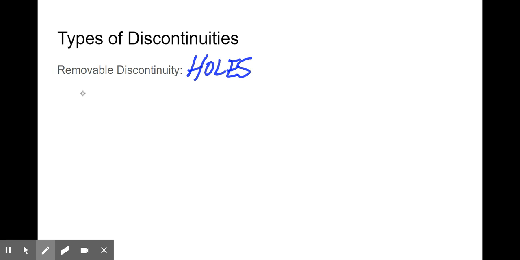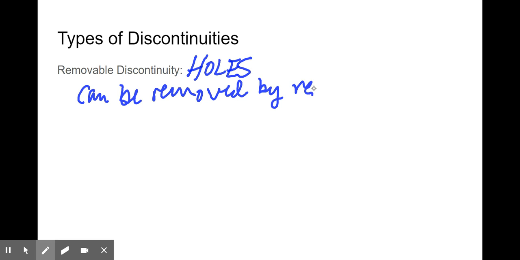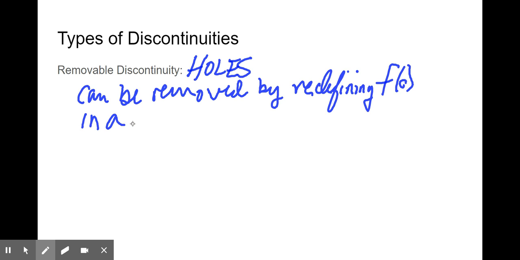This type of discontinuity can be removed by redefining f of c in another way.